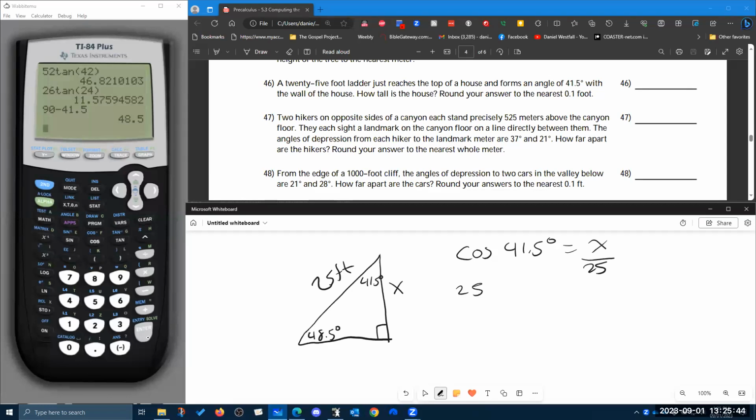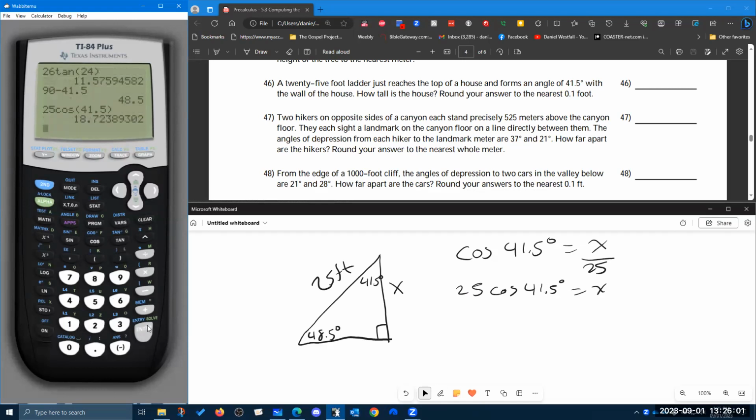So 25 cosine of 41.5 degrees is equal to x. And we want to round this to the nearest tenth of a foot. So x is about 18.7 feet.